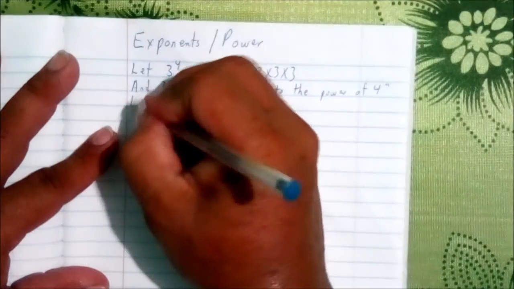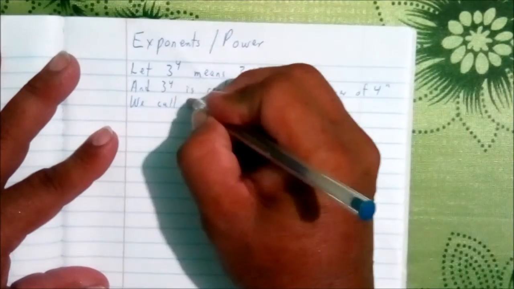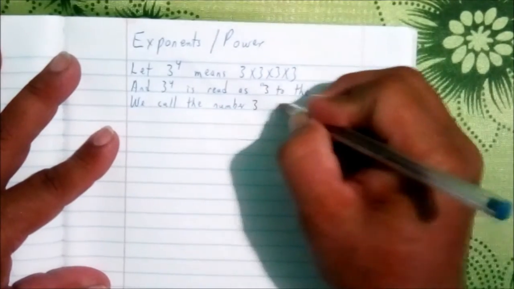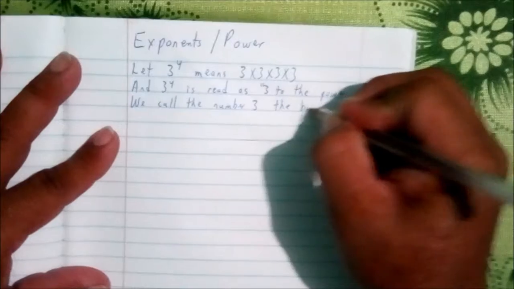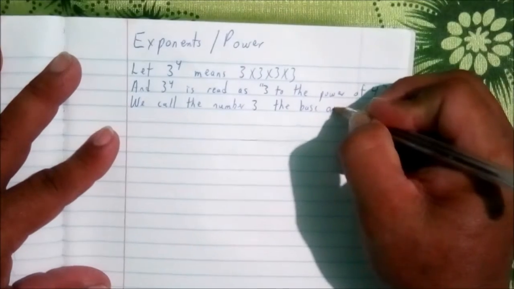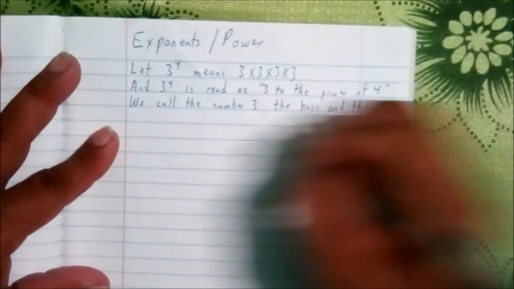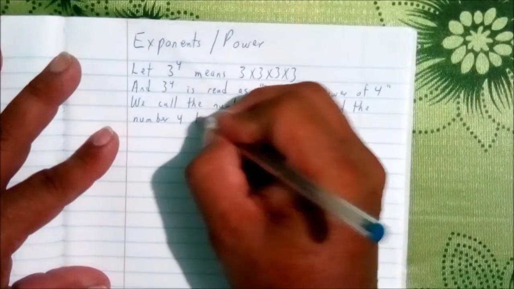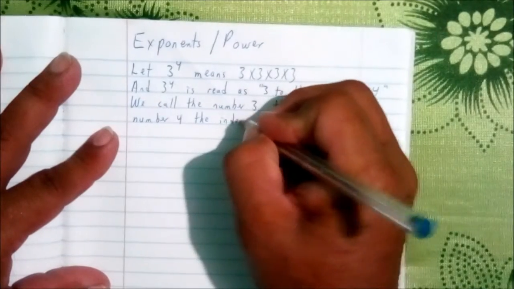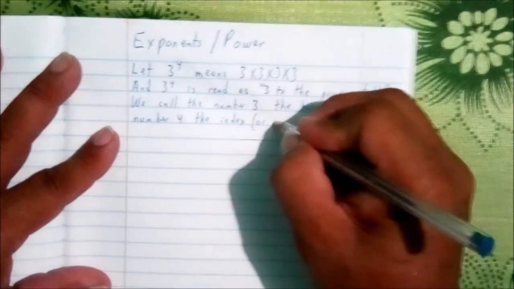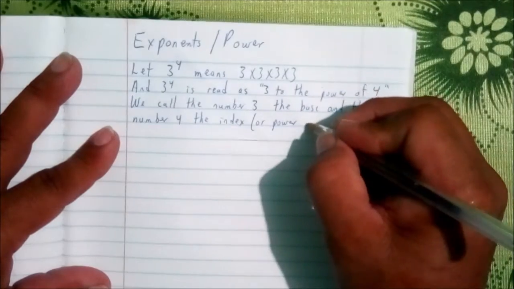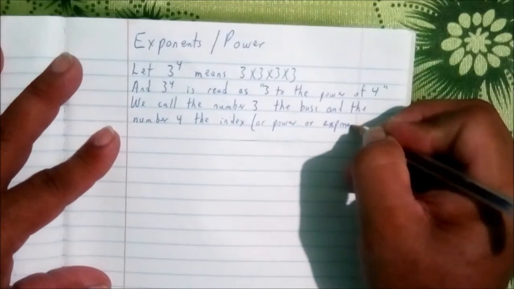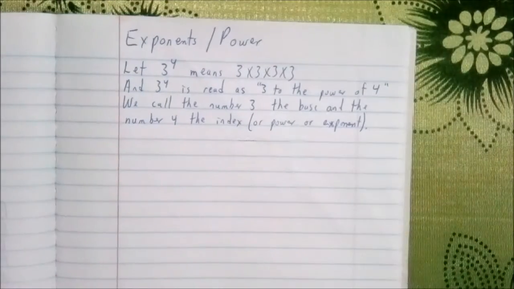We call the number 3 the base, and the number 4 the index, as some books may use it, or power, or exponent. All right, so those are terms which may be used.